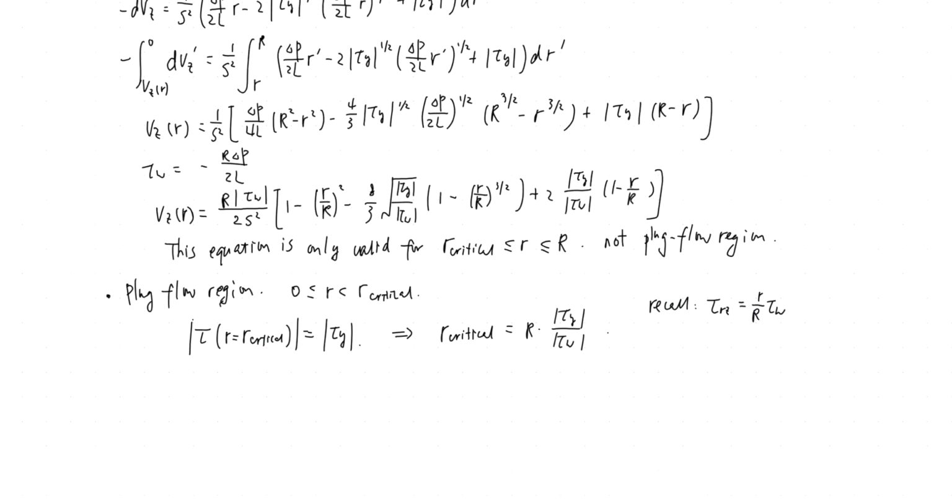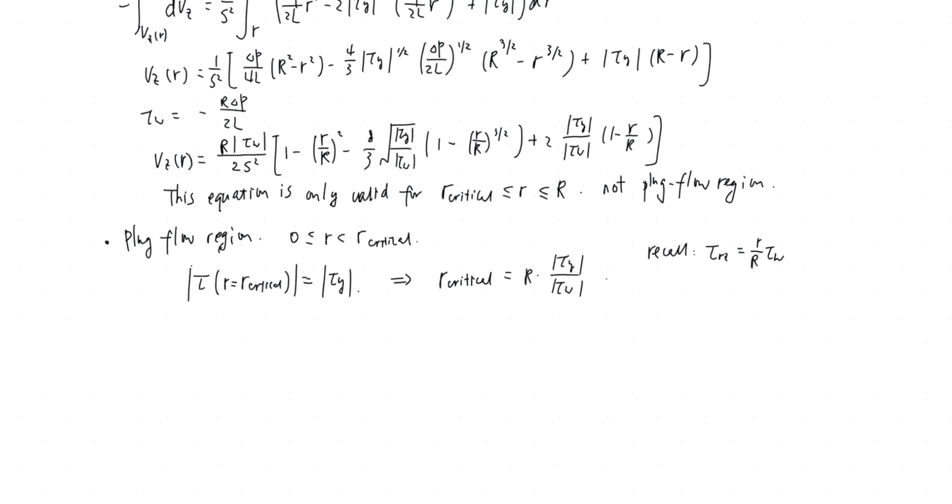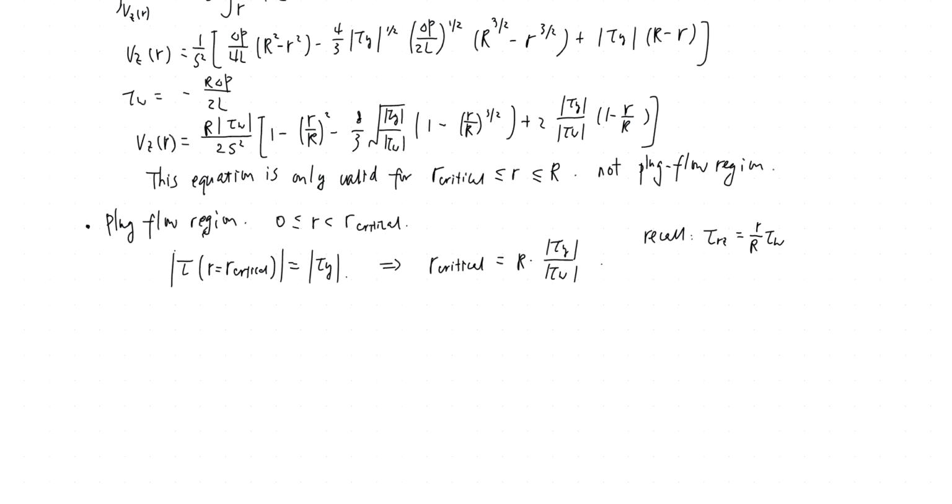So once you have R critical, you can now solve for the plug velocity, because we have derived the velocity. We have derived this one for any region on the plug flow and then above it. So it is still valid at R equals R critical.